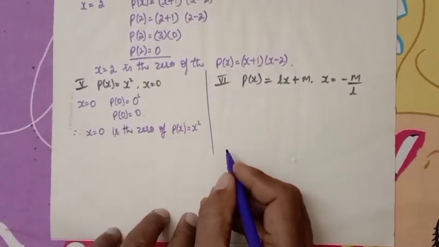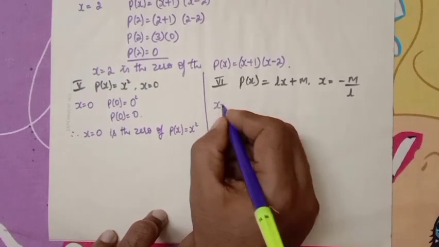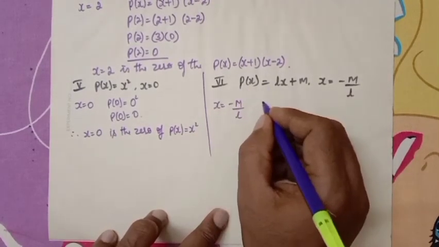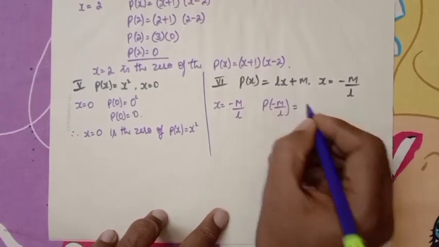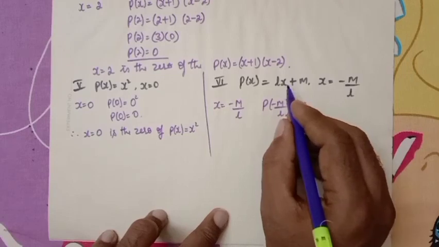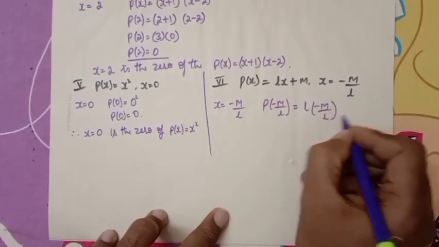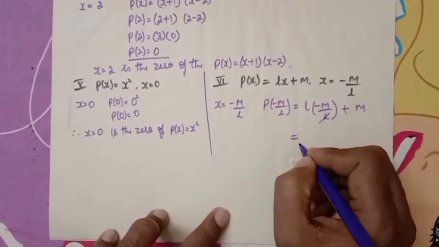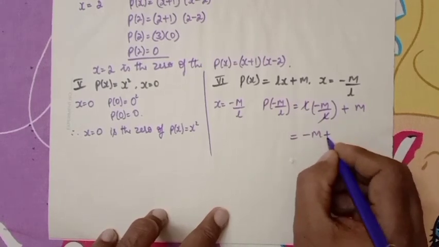Likewise, let us solve the sixth problem, at x is equal to minus m by l. The p of minus m by l is equal to l into, in place of x, we write minus m by l plus m. So what happens here? L is there in the denominator, whereas l is there in the numerator, minus m plus m.